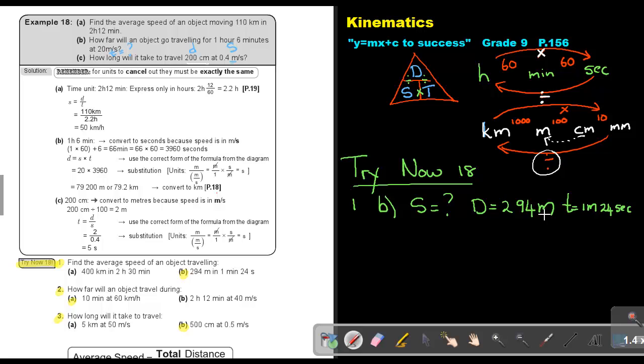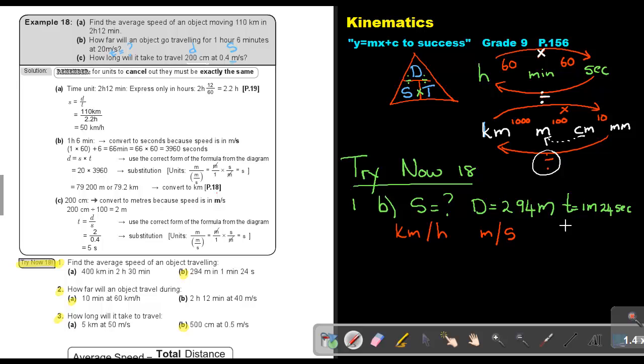Okay, but now, this is in meters and this is in minutes and seconds, and they want the speed. Speed is usually expressed in kilometers per hour or meters per second. So I think the best will be to take this time to seconds.